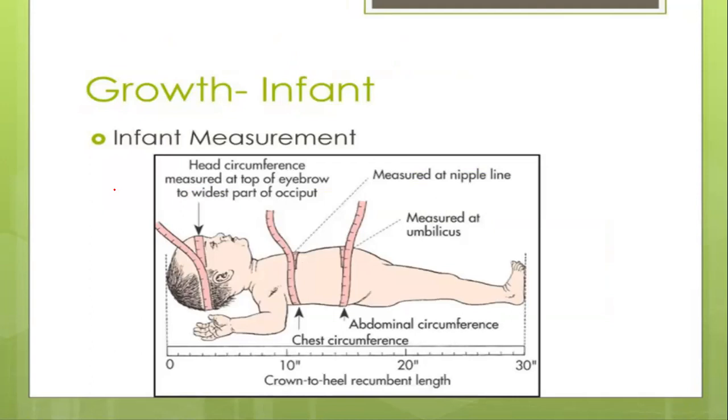Here we have the head circumference, measured at the top of the eyebrow to the widest part of the occiput, right? How do we measure this? Taking into account the whole circumference of the head, but considering these structures, the eyebrow and the widest part of the occiput.